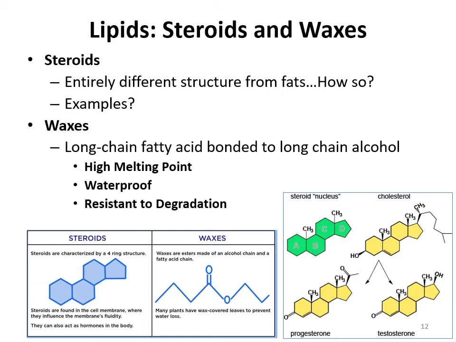Steroids are 4 fused carbon rings. Okay, make sure you write that down. 4 fused together carbon rings. That's steroid structure, as opposed to the other lipids that have what structure? The fatty acid and glycerol, right? Those long chains that you saw. So steroids are kind of unique among the lipids.